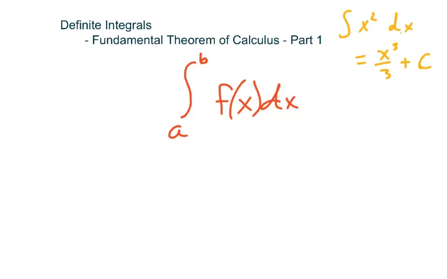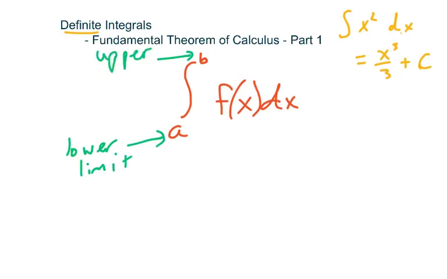Well, now, the definite integral is pretty much the process by which we can find the actual area under the curve. Because notice how now we have these a and b values. This is called my lower limit and my upper limit of the function.